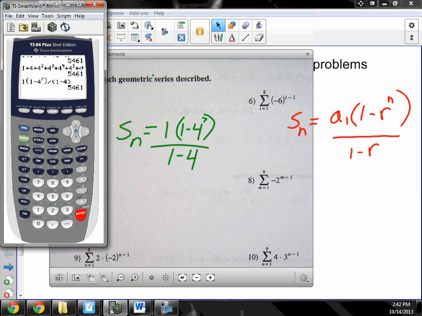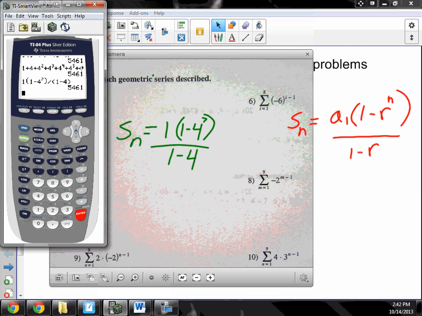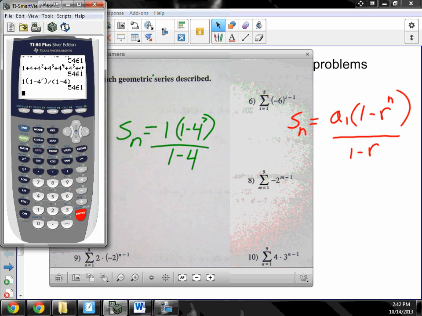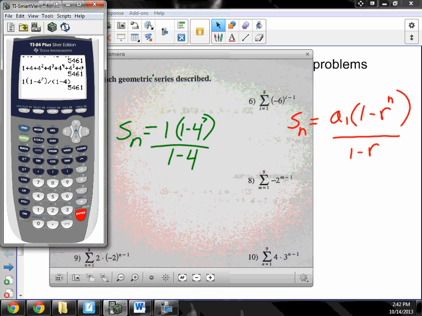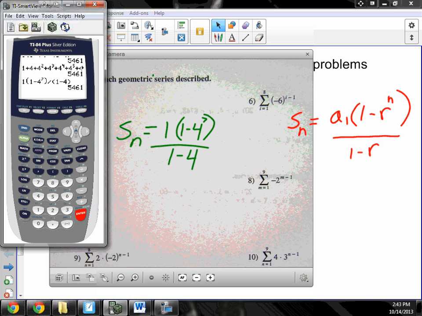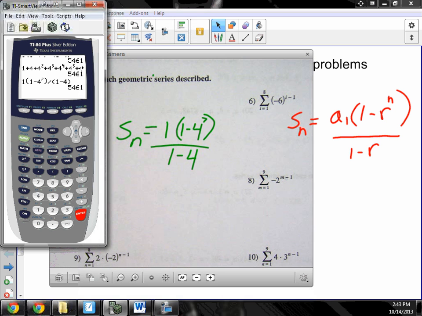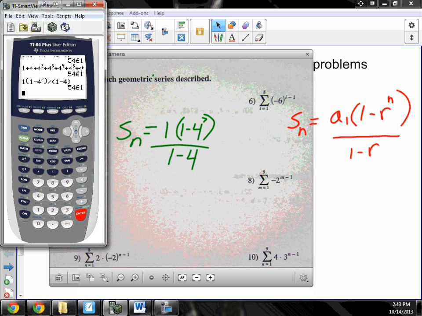Now, really, how did you do that? Oh, you didn't divide it by parentheses 1 minus 4. You divided it by 1 and then subtracted 4 from it. And then divided it by negative 3. So actually, this number should have been the right one. And the fact that you randomly divided by that and it was close, that was a fluke. So you need to put parentheses around the 1 minus 4.